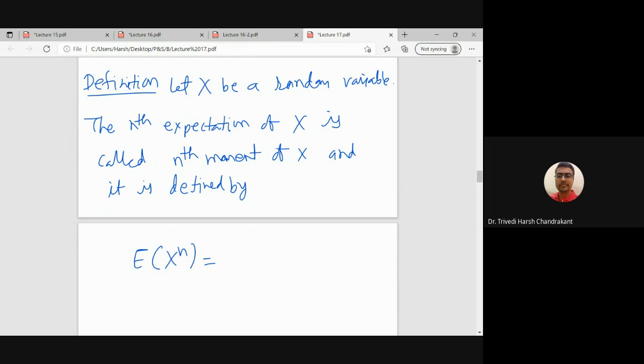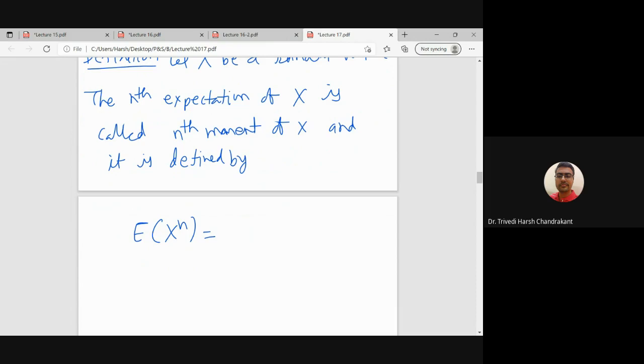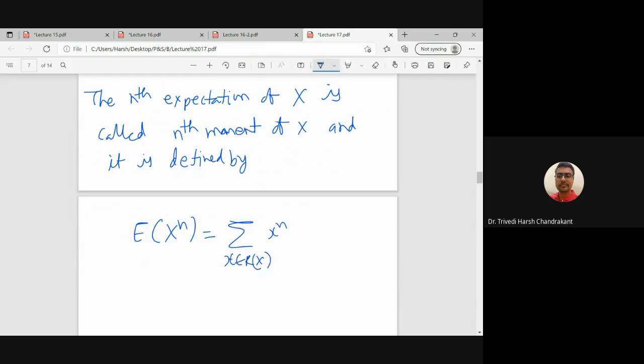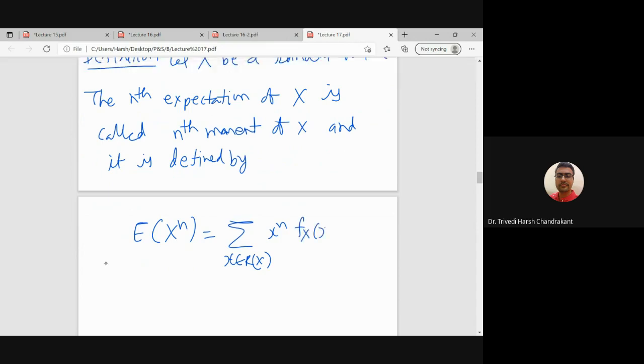So here what is g(x)? That is x power n. That means g(x) f_X(x) is x power n times f_X(x). So that is the formula of the moment, right? The formula of the nth moment is the summation over all possible values in the range of x power n times f_X at x. This is the discrete case, and this holds whenever the summation with the modulus sign is convergent.